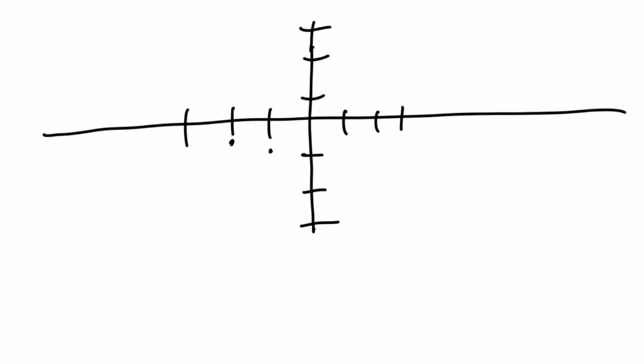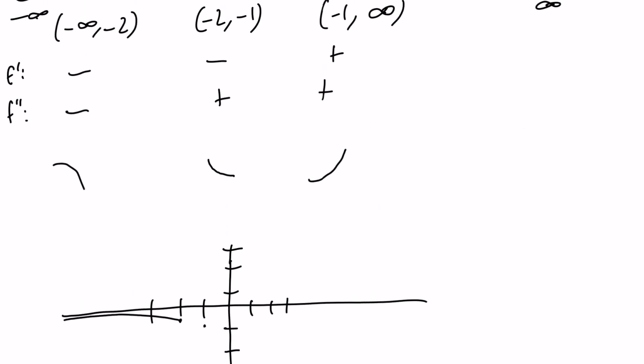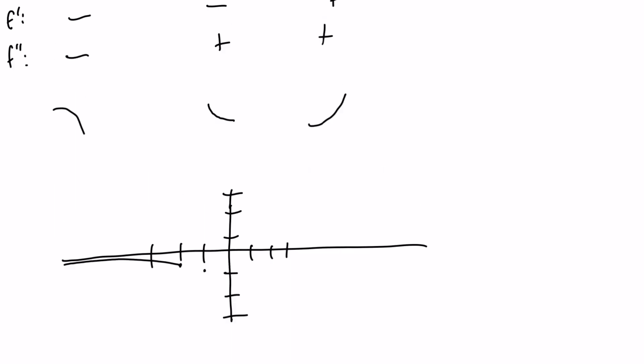Let me zoom in so I can try and draw better. We are decreasing concave down. Kind of something like this. On the interval from x equals -2 to x equals -1, we are decreasing and concave up. So that means, if I zoom in here, it looks a little something like this.